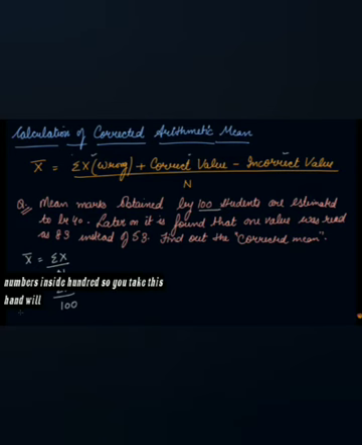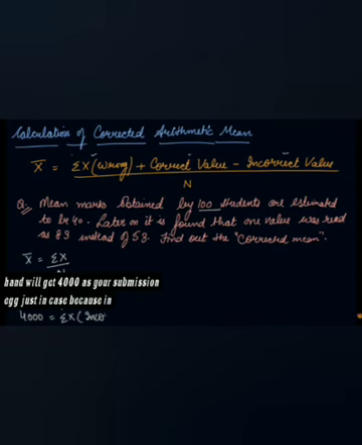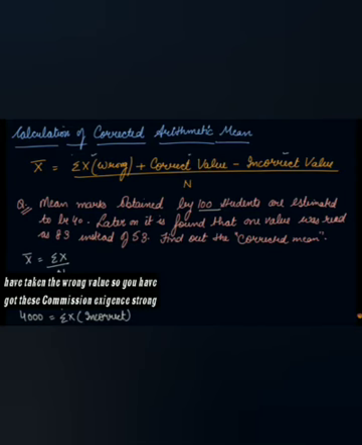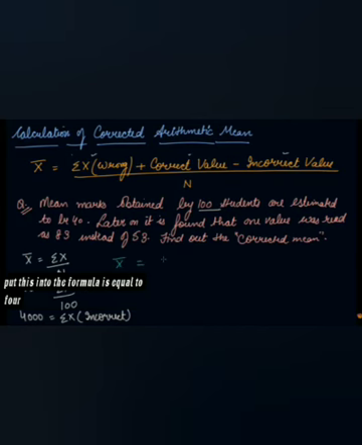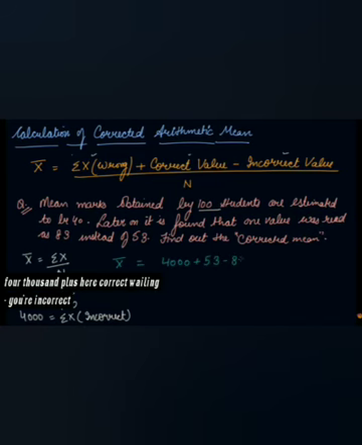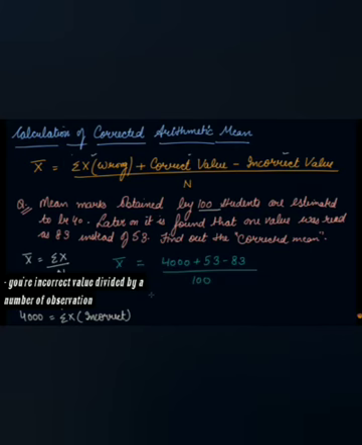So you will get 4000 as your summation x, which is incorrect because in this you have taken the wrong value. Now put this into the formula, which is equal to 4000 plus your correct value minus your incorrect value, divided by your number of observations.